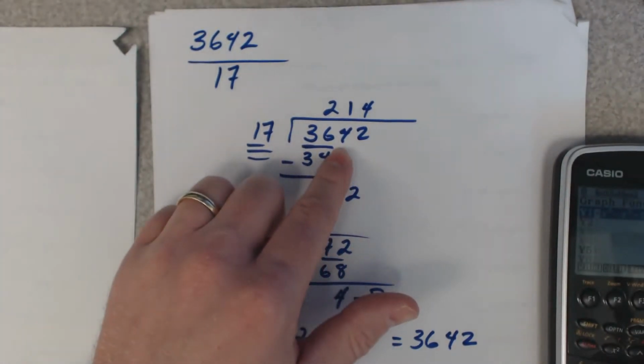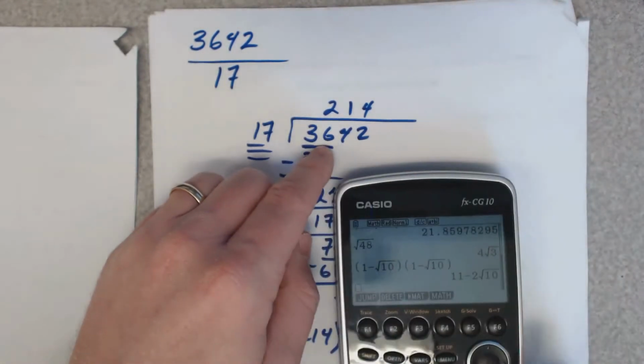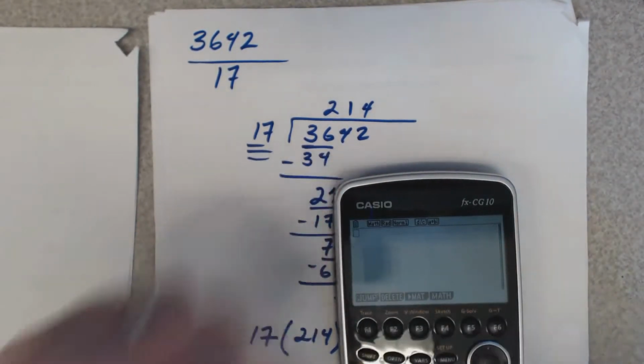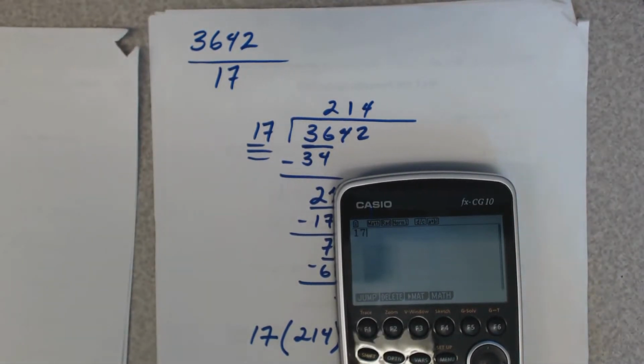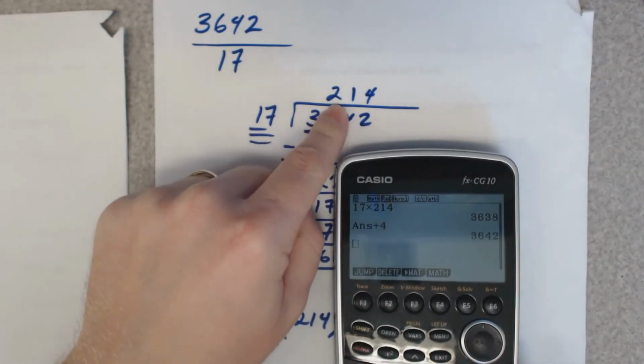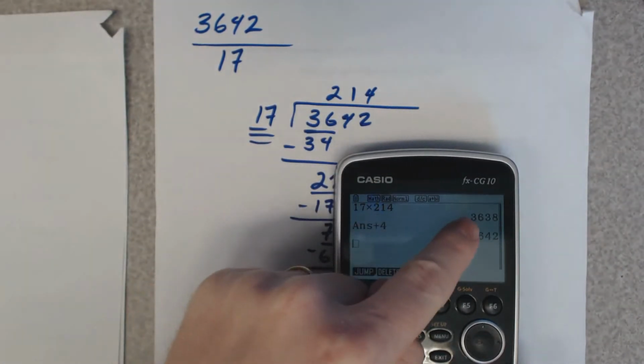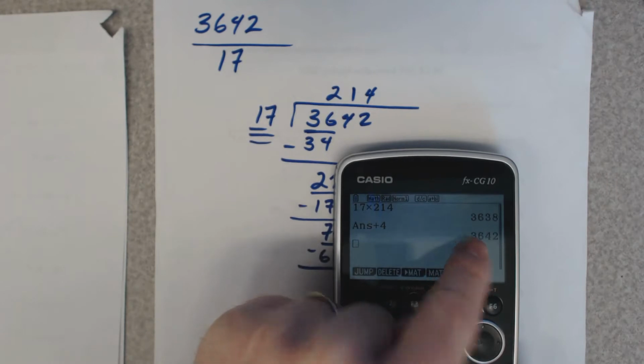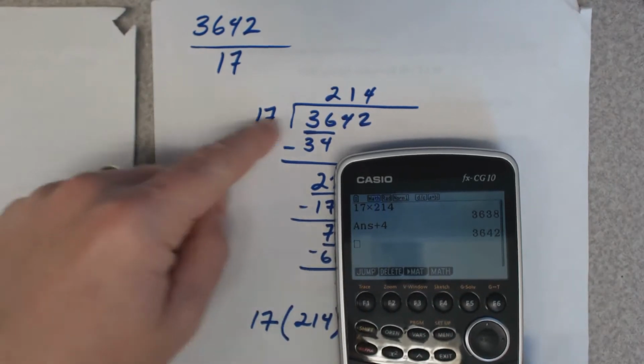So let me humor you for a moment, and I'll type it in my calculator: 17 times 214 plus 4. I get 17 times my answer up top, which is called the quotient, and then if I add the remainder back to it, I get 3642, which is what I should come up with.